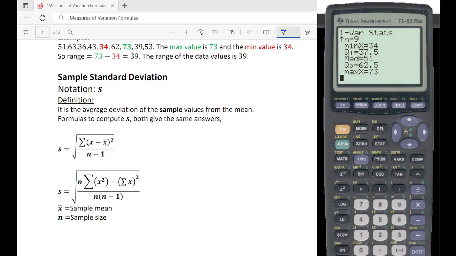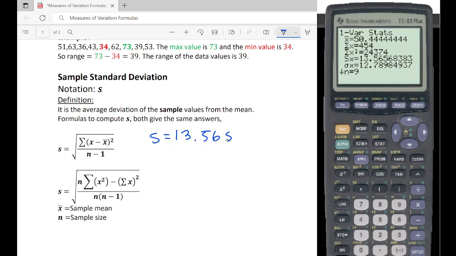But again, we're going to use our calculator for this. We've already gone to one var stats, so we're right where we need to be, except we just need to scroll back up. And right here, we have Sx, which is the sample standard deviation, 13.56568383. So s equals 13.565683.